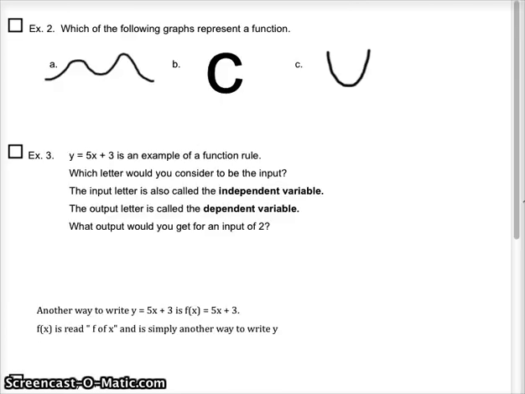So let's continue. Here, let's use the vertical line test. When you're looking at something graphically, your first thought should be using the vertical line test, okay? So when looking at graphs, think vertical line test, all right?